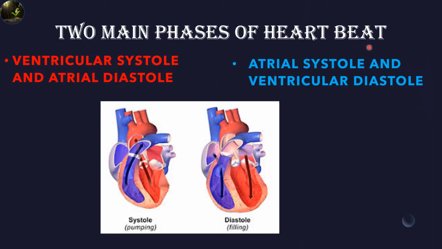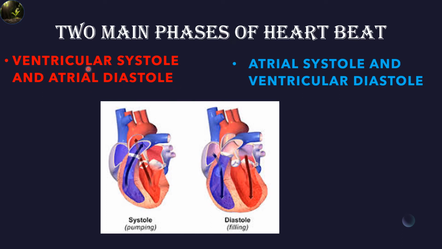Two main phases of heartbeat: ventricular systole and atrial diastole, and the other one, atrial systole and ventricular diastole. Systole means contracting stage, diastole means relaxing stage.